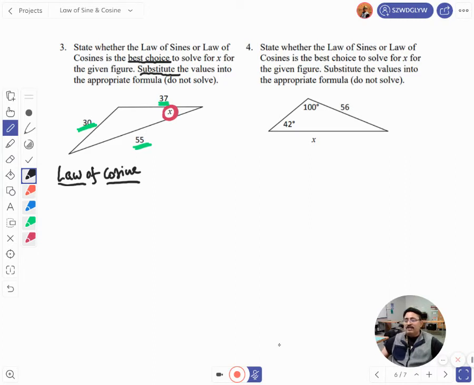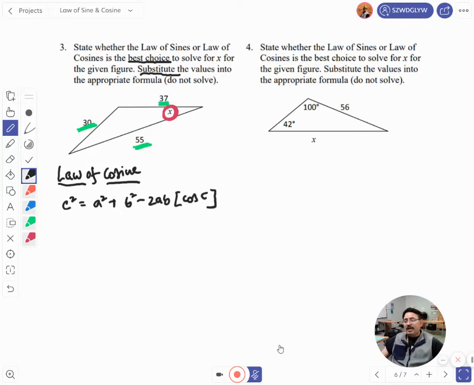So let me write what the law of cosine is. c squared equals a squared plus b squared minus 2ab times cos C. This is the rule.